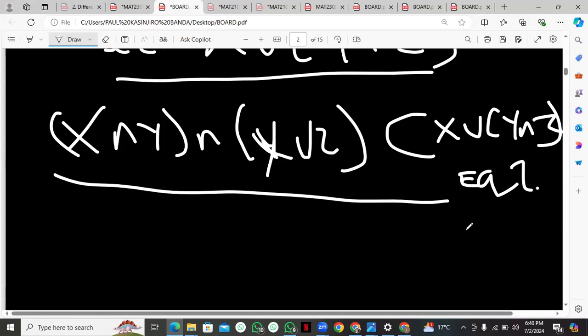Okay, so now since we've shown in both directions that those sets are subsets of each other, okay, it means they are equal.